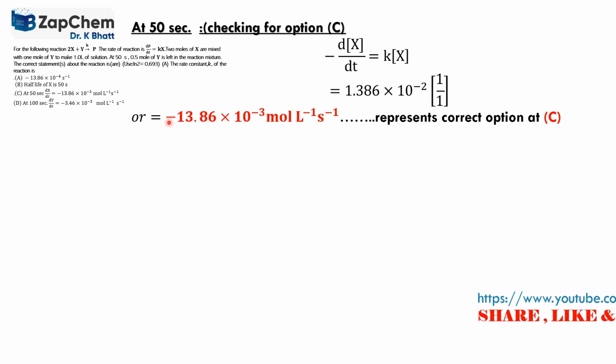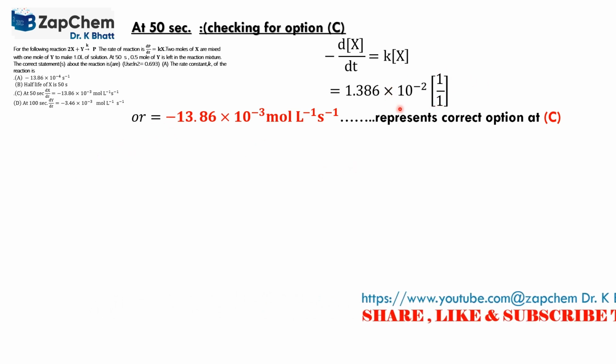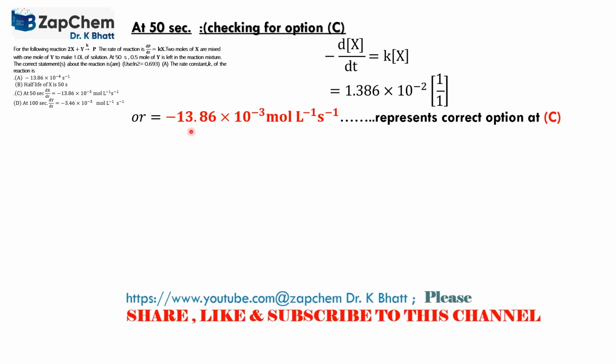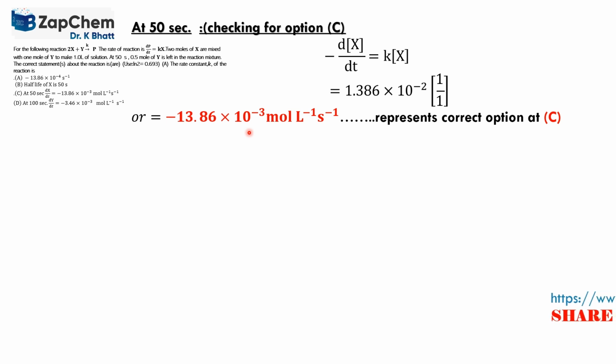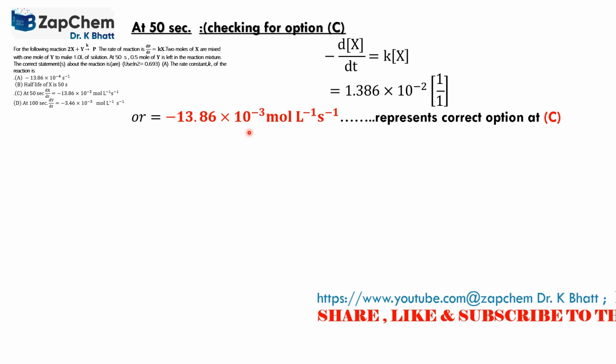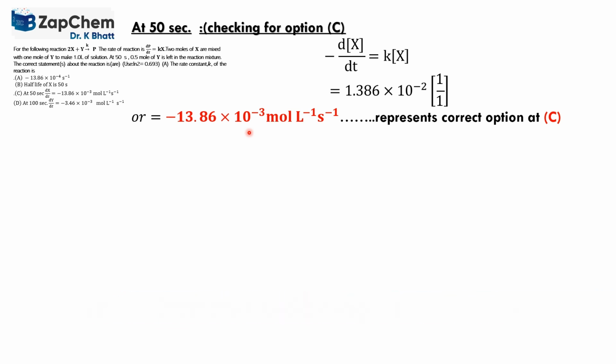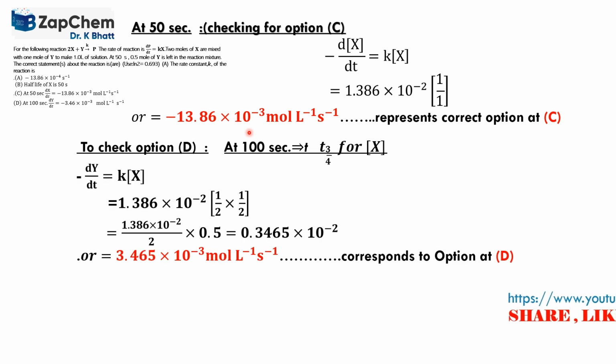So on simplification, you get it as 13.86 into 10 to the power minus 3 moles per liter per second. So that's the correct option. Option C is correct.